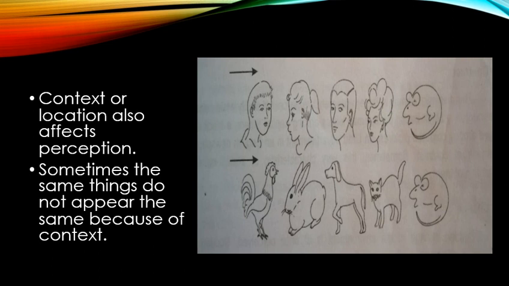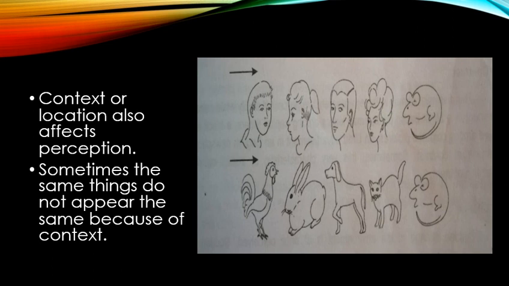According to this, context or location also affects perception. Sometimes the same things do not appear the same because of the context. In the figure, you can see when we look from left to right, the last picture of the first and second rows do not appear to us the same. Okay?